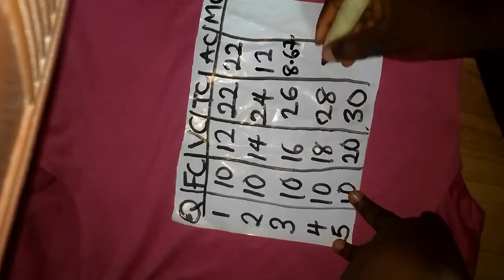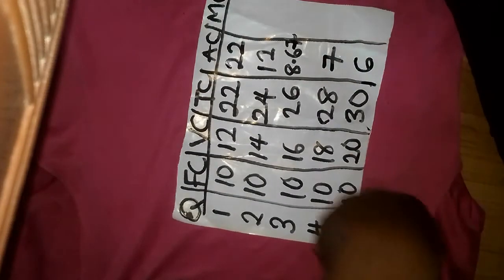This will be 24 divided by 2, which will give me 12. 26 divided by 3 will give me approximately 8.67. 28 divided by 4 will give me 7. 30 divided by 5 will give me 6. So you see that average cost is calculated as TC divided by quantity per unit.